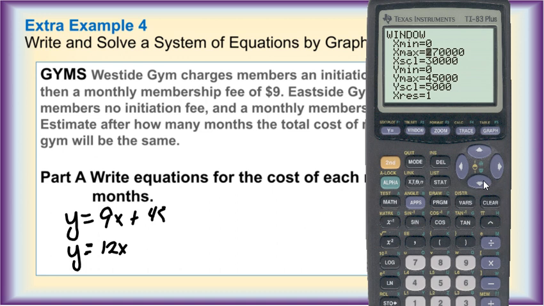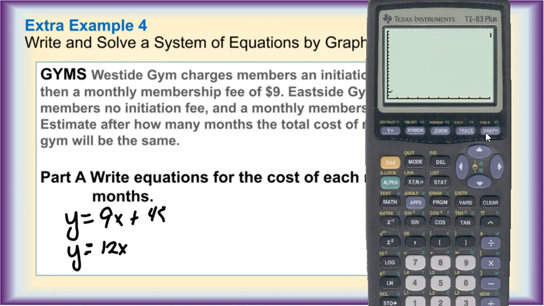Let's make the x maximum 20, counting by 2's. The y minimum 0. The maximum, let's do 500. We'll count by 25's. See if that works.